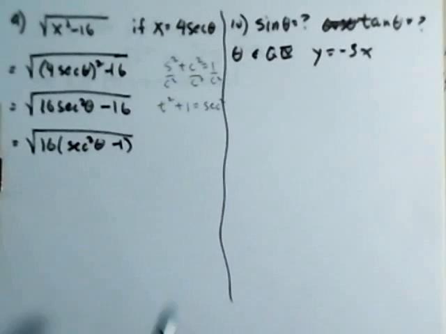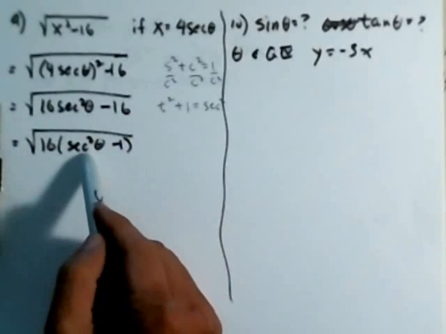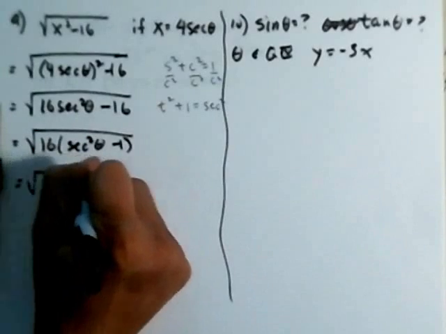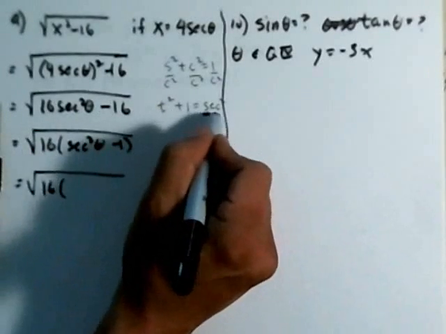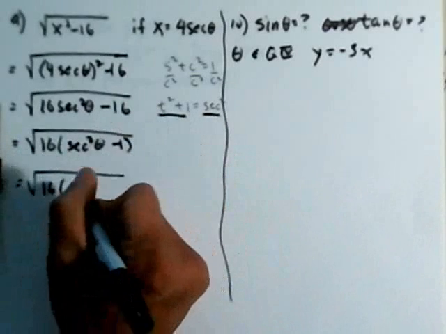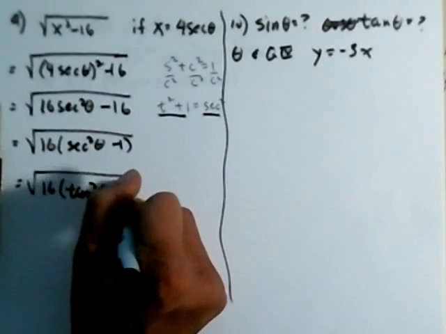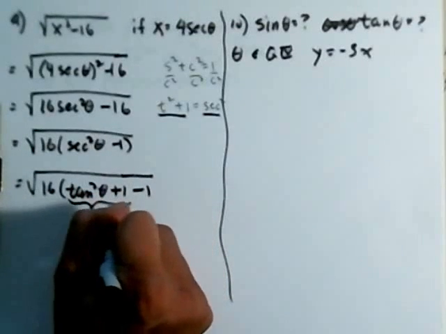So what do we do? Secant squared is equal to tangent squared plus 1. I'm going to put this right in here and replace it. Remember, this one equals that right there, tangent squared of theta plus 1, and then minus 1. That's secant squared.